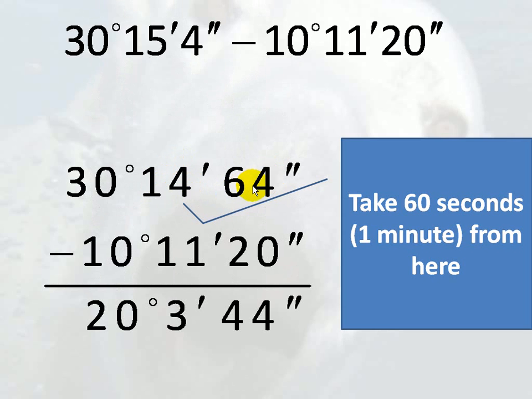Notice. 64 minus 20 is 44. 14 minus 11 is 3, and 30 minus 10 is 20. And there we have it. Notice, so it's the same techniques that you learned in elementary school. You're still borrowing, it's just you're not dealing with base 10 numbers. You're not taking 10 ones away and putting it someplace else. You're dealing with 60s.